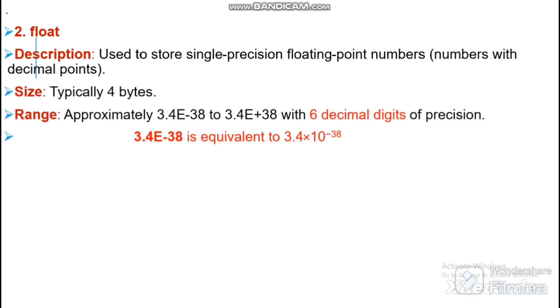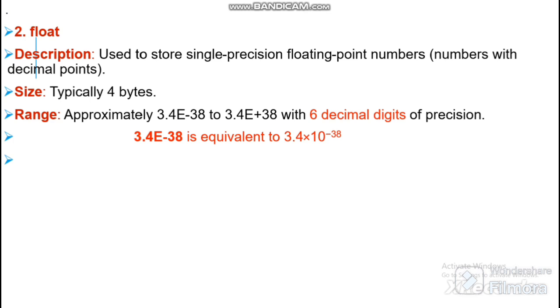There are two types of floats here: float and double. Single precision and double precision. For single precision, 4 bytes of memory will be allocated when we declare a variable with float. Generally the range is approximately 3.4 e to the power of minus 38 to 3.4 e to the power of plus 38, with 6 decimal digits of precision.